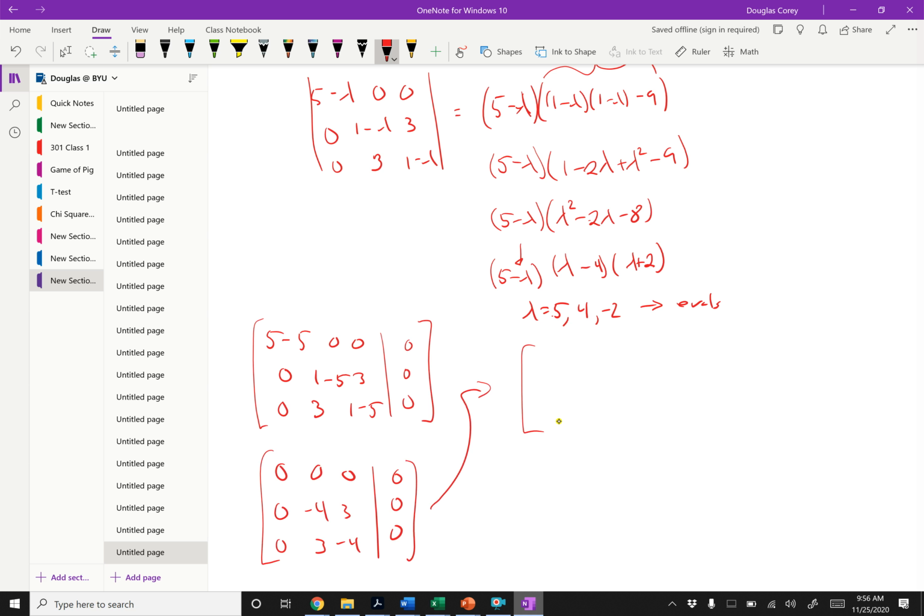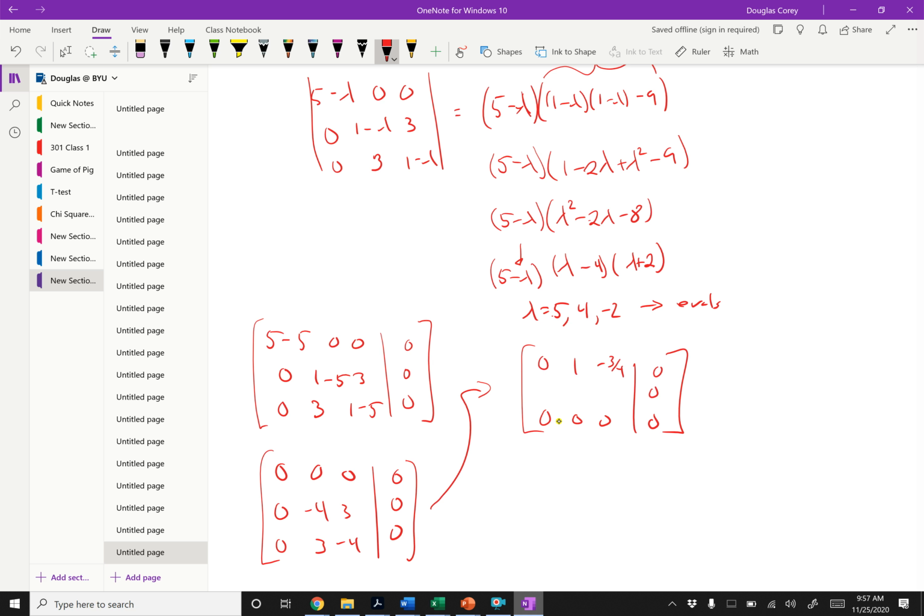So I'm going to move that row of zeros down to the bottom. I can change that second row, divide by negative 4, so I get 0, 1, and negative 3/4. And if I row reduce, those I know are going to be 0.